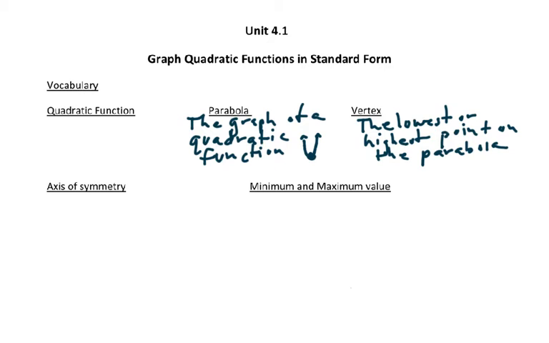The axis of symmetry. The axis of symmetry is basically a vertical line that divides the parabola in half.